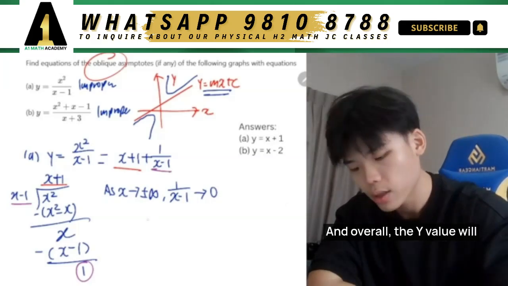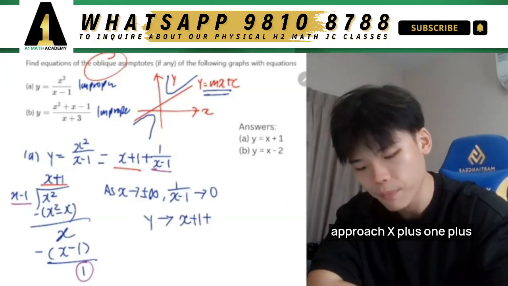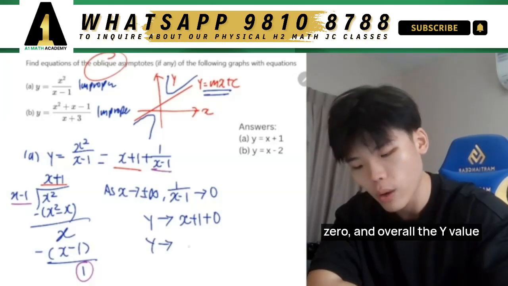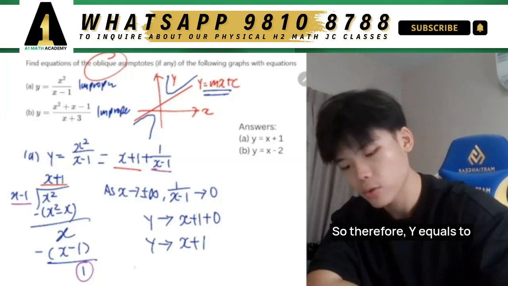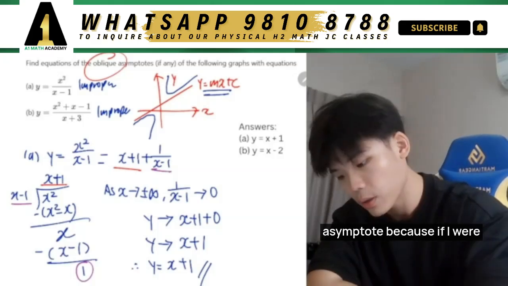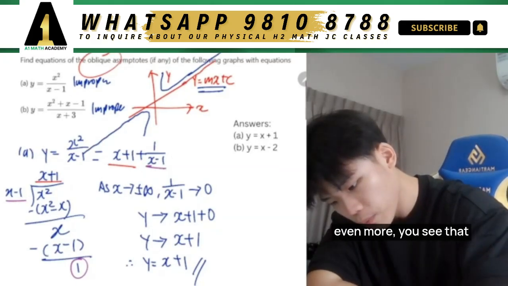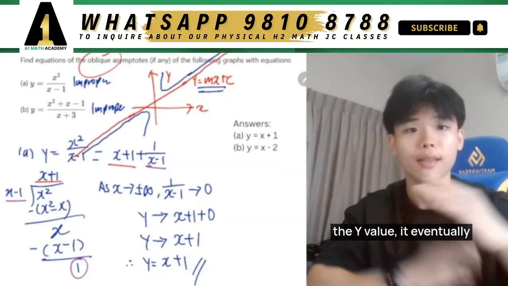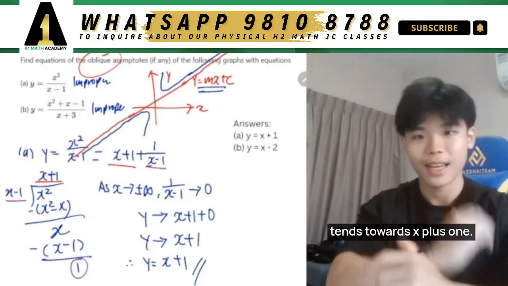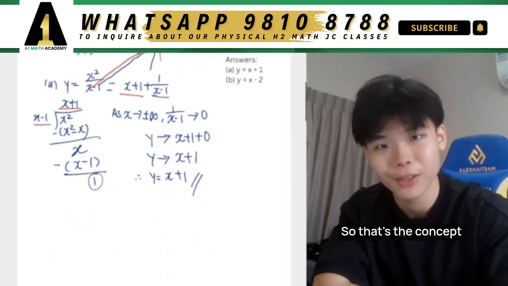And overall, the y value will approach x plus 1 plus 0, so the y value will approach x plus 1. Therefore, y equals x plus 1 is the oblique asymptote. Because if I drag this whole thing out and extend this line even more, you see that the y value eventually tends towards x plus 1. As simple as that. So that's the concept behind it.